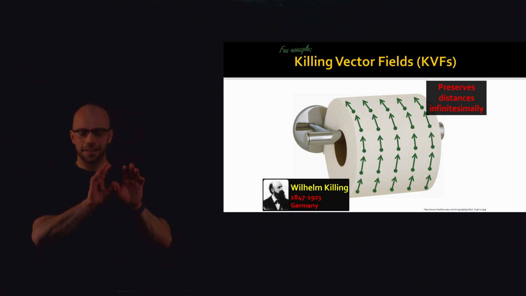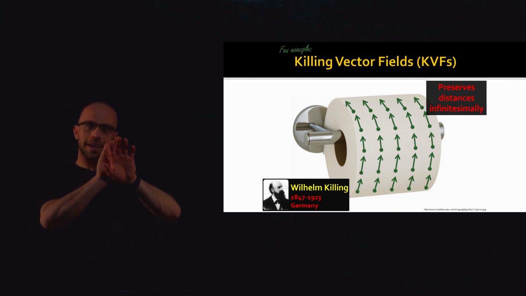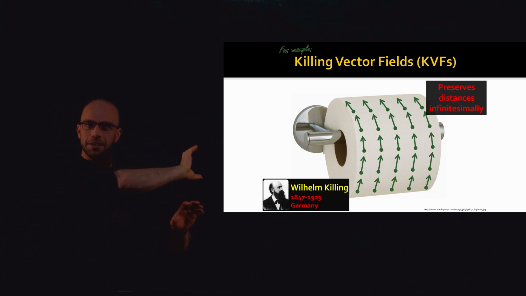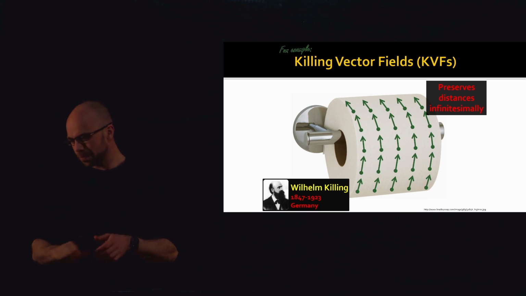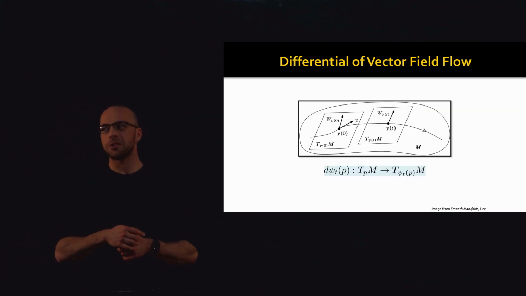But in any event, this idea of a vector field flow gives me a self-map where I take my domain and I flow it, like in this case, just rotating my toilet paper tube. And so I can differentiate that as a map from a manifold onto itself, and that was our basic object for defining the Lie derivative, right?